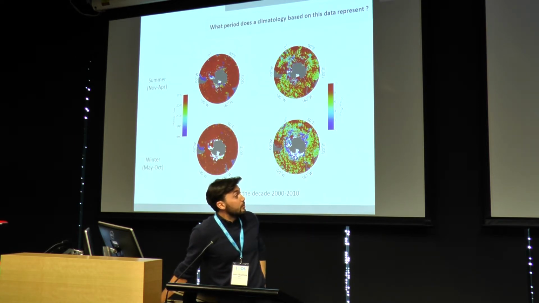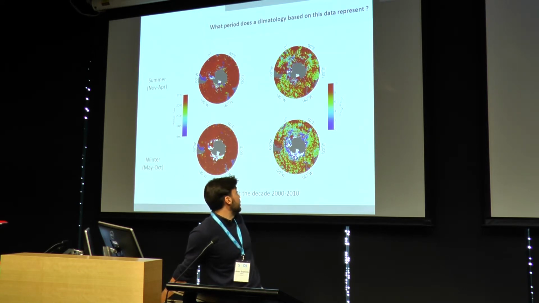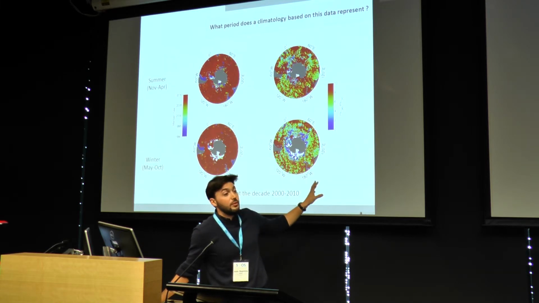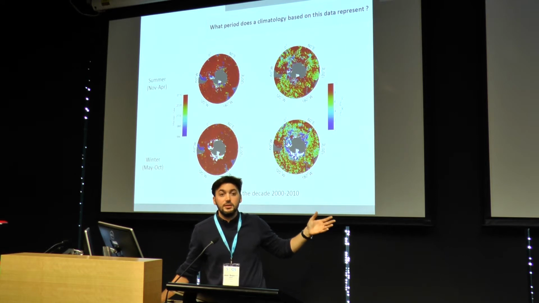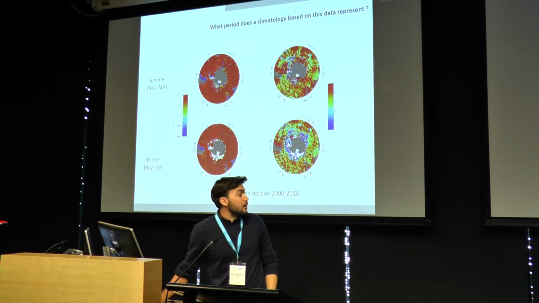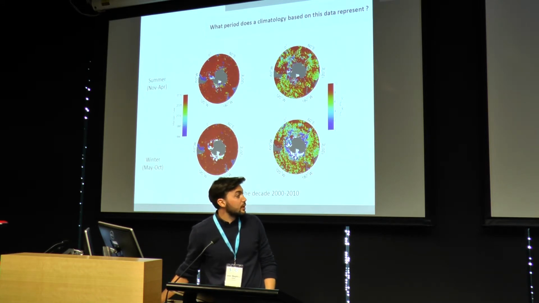What we see is that in summer, for most of the Southern Ocean, that's around 5 to 10 years. And in winter, south of the ICC, that's mostly around maybe 1-2 years. So that's not a lot, basically. I would say that we represent the decade 2000-2010, which might not be true south of the ICC in winter.